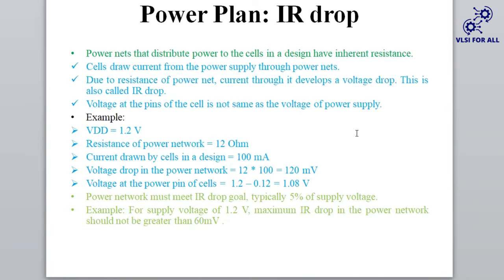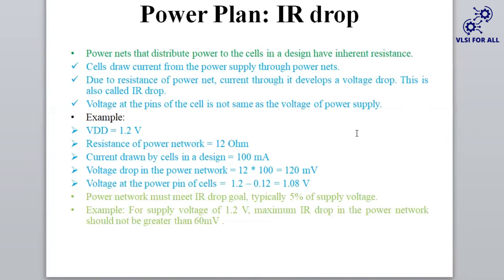So the voltage at the pins of a cell is not the same as the voltage of the power supply. For example, we have some VDD and VSS stripes. One of the VDD is at 1.2 volt and the resistance of the power network is 12 ohm. The current drawn by a cell in the design is 100 milliampere.